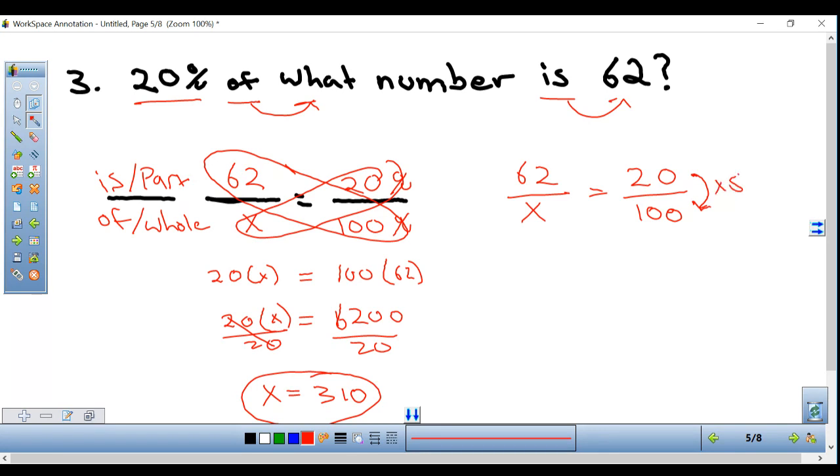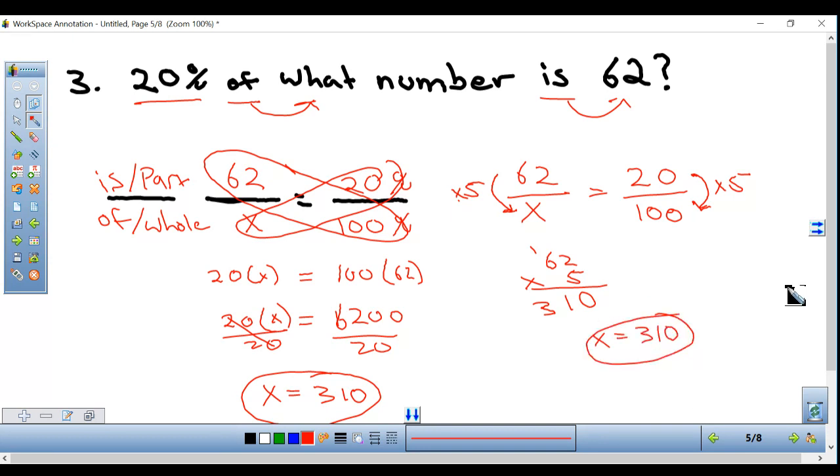Well, 20 times 5. So it should be the same with 62 and this unknown number. If we took 62 and multiplied it by 5, it should also give us 310. So 62 times 5. 5 times 6 is 30, plus 1 is 31. It does. X equals 310.